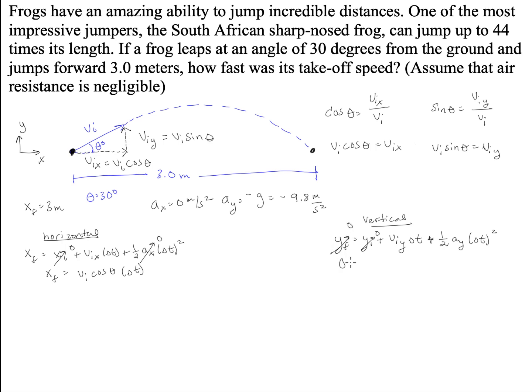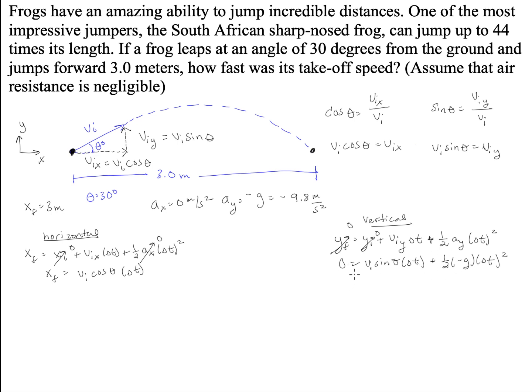This gives us 0 equals v initial y times delta t, and I know my v initial y is just vi sine theta times delta t plus 1/2, and my acceleration in the y direction is of course minus g, so I'll put that in here, times delta t squared.